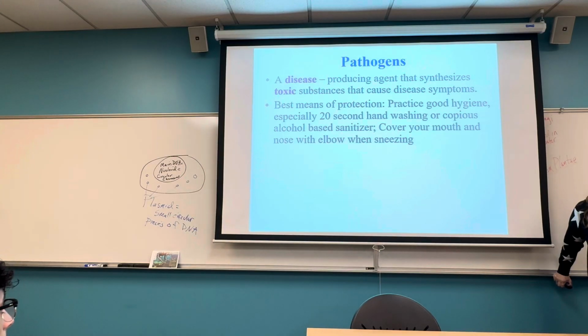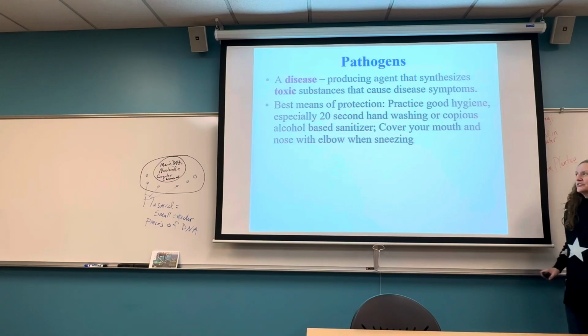When COVID hit, everyone's like, wash your hands for 20 seconds. And everyone's like, oh, we have to do that to get the virus off of us. But this is normal. It's what you should do all the time, even when we're not having a pandemic. Just good hygiene. Wash your hands for 20 seconds, just like brushing your teeth should be 2 minutes of brushing your teeth.